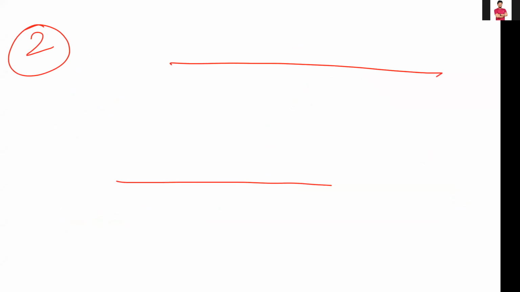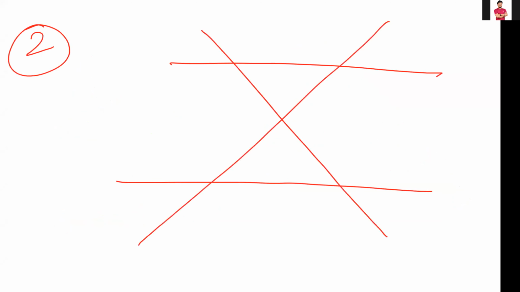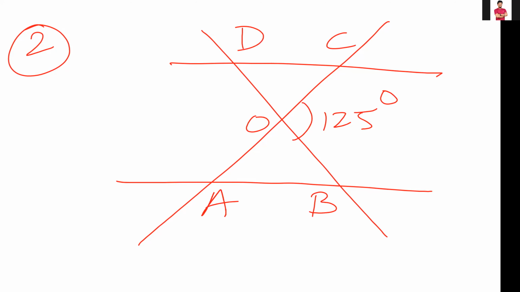Now, taking the second one. This is 125. This is O, this is A, this is B, this is C, and this is D. CDO is 70 degrees.